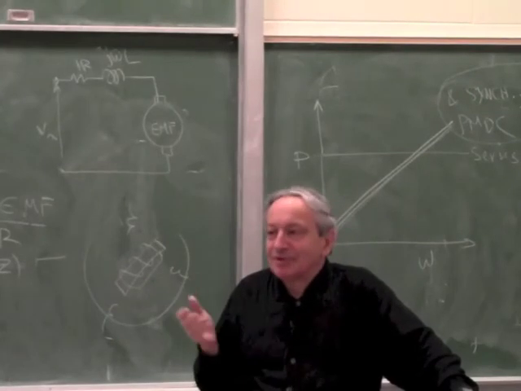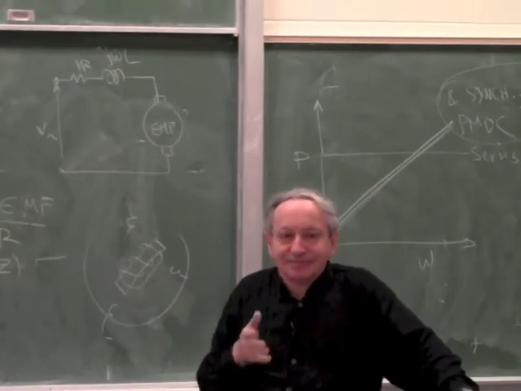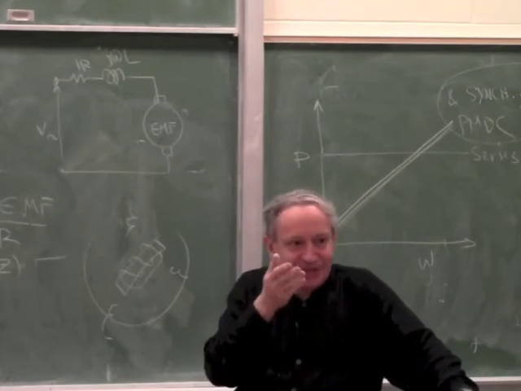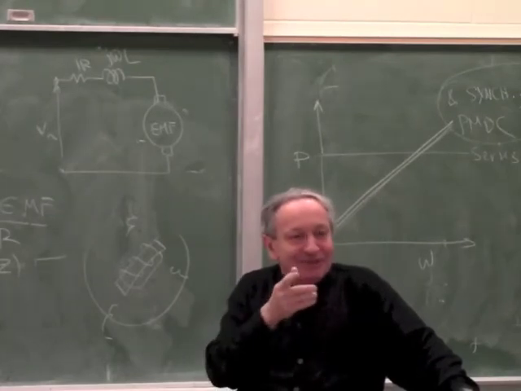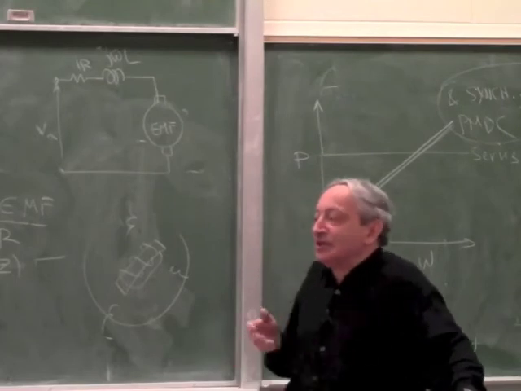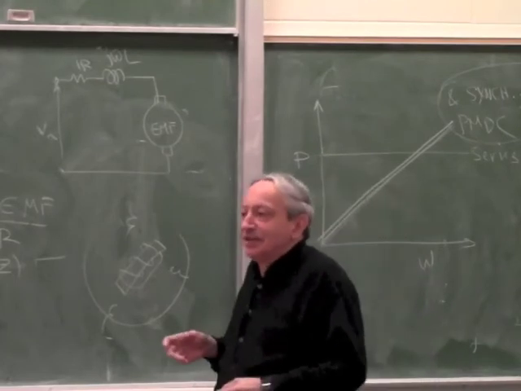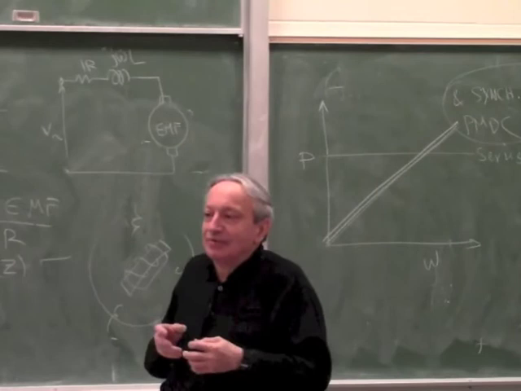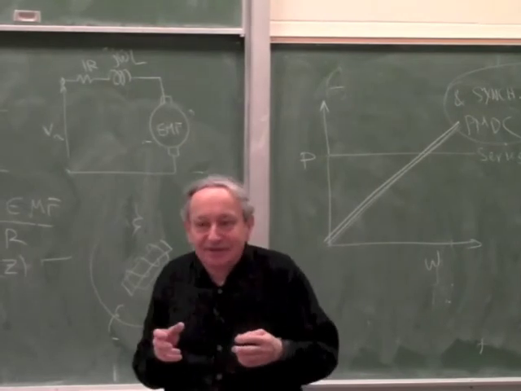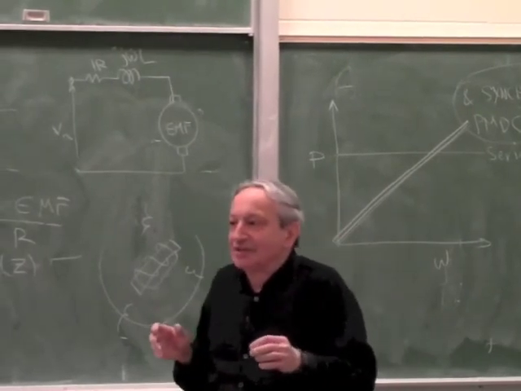What's the big problem with the DC motors? Say it loud. Somebody said it here. Sparking, yeah. So, the reason you don't like it in electric cars is it has a commutator which sparks and wears out. The sparking, to remind you, has two bad effects.